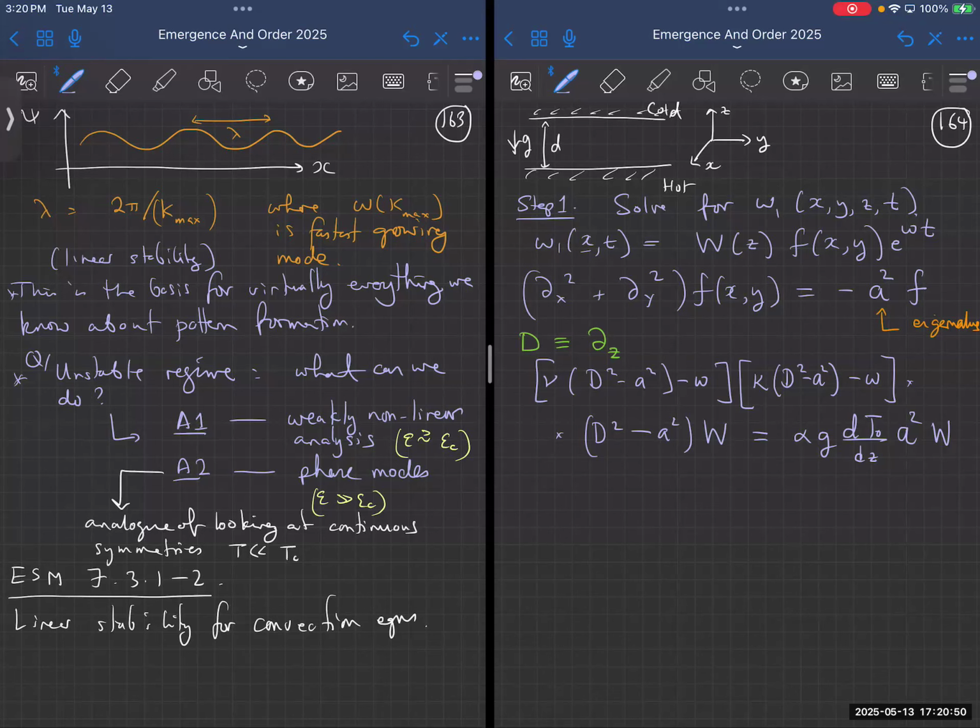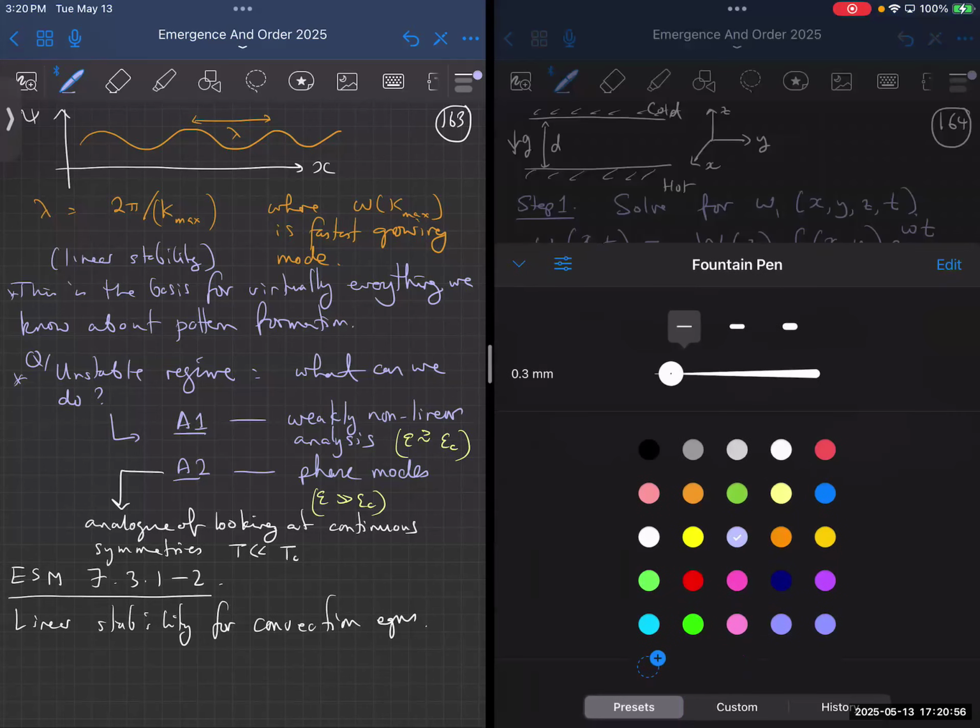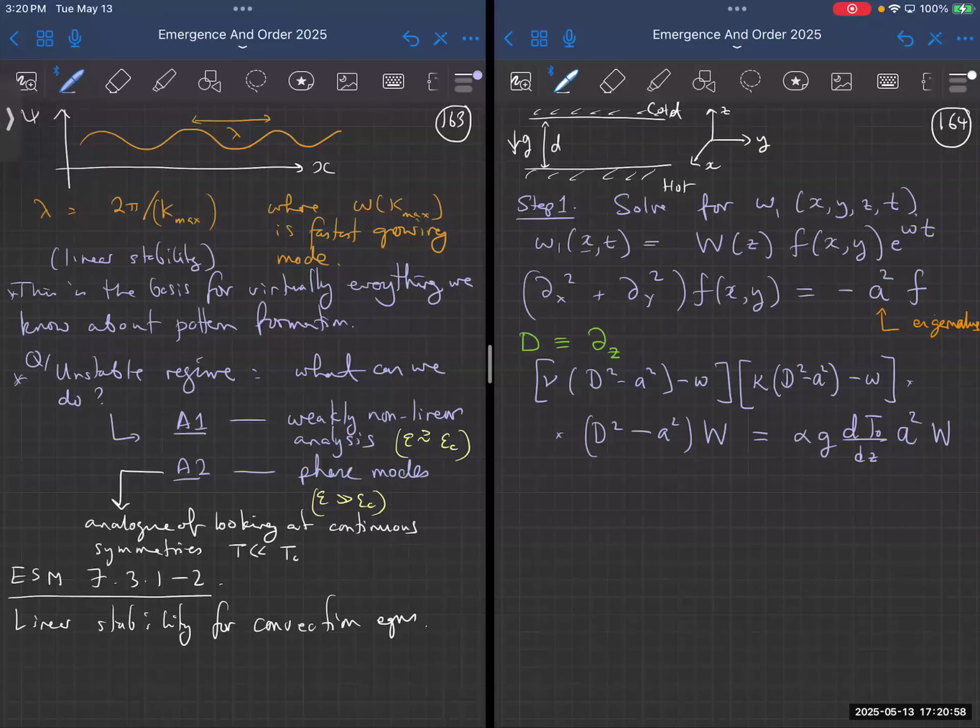What are the boundary conditions? Well, I think I'm going to give you the boundary conditions on Thursday, because I'll write them down and then we're going to solve it. There's no point in me trying to do that right now.